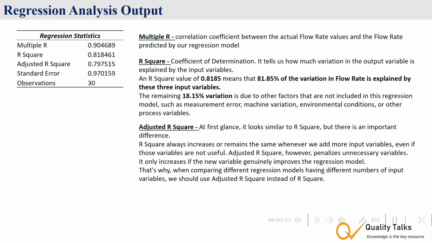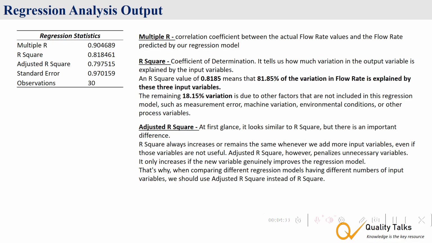However, there is one limitation of R square. If we add any new variable to the regression model, the R square value either increases or remains the same, even if the variable is not useful. That is where adjusted R square comes in.